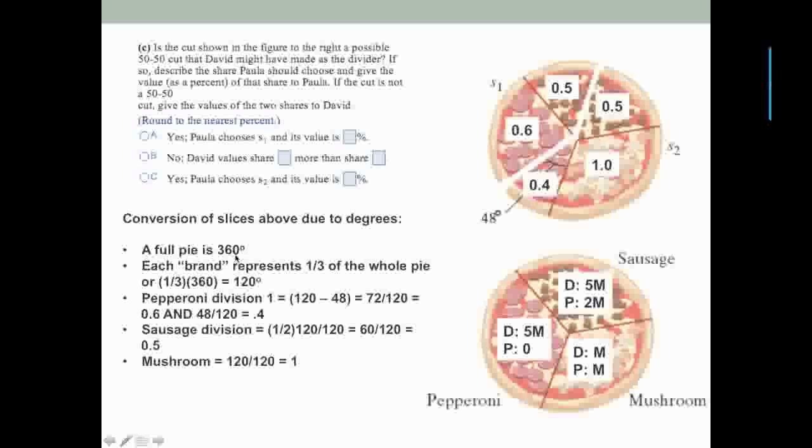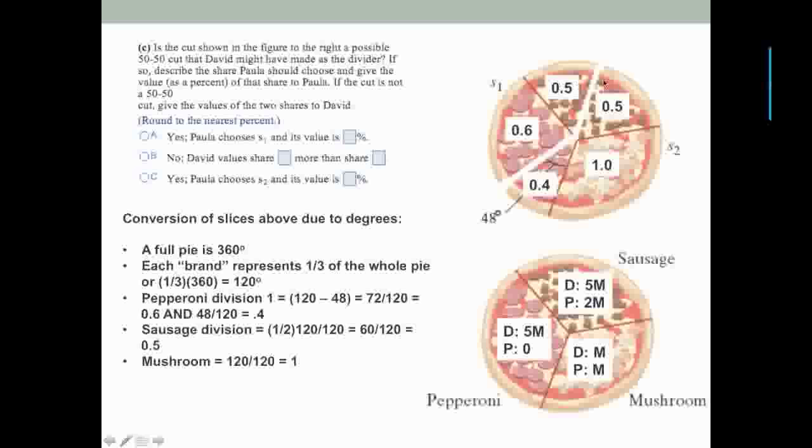So if the full pie is 360 degrees, that's a circle, then each brand of pizza pie, mushroom, sausage, and pepperoni represents 1/3 of the whole pie, or 1/3 of 360, which is 120 degrees. So the mushroom is 120 degrees. We'll call that 1 because obviously it's the whole piece that's in that cut.